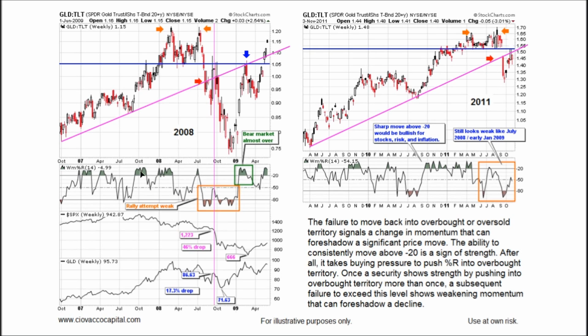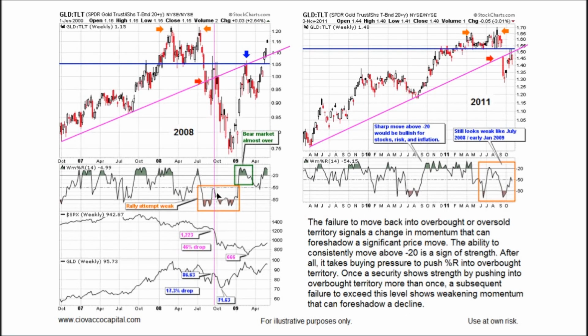So we've pushed into overbought territory more than once. Here we get a situation where we get a subsequent failure to get back into overbought territory. So this is weak. We weren't getting in here, and it says it can foreshadow a decline.